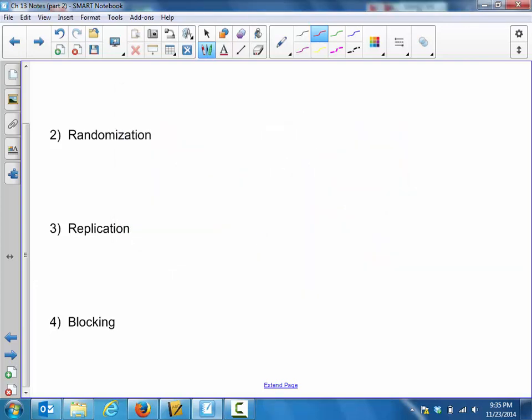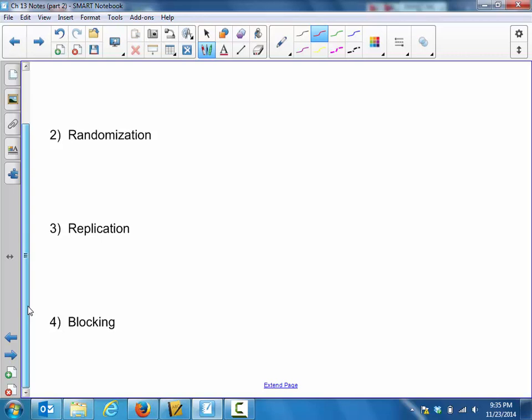Blocking is something we really hadn't got into last time. Blocking is a little bit like stratifying for surveys, in the sense that with blocking, you're saying, okay, let's go back to the milk example, the experiment where we're trying to give people milk or not give people milk to see how that affects their heights.